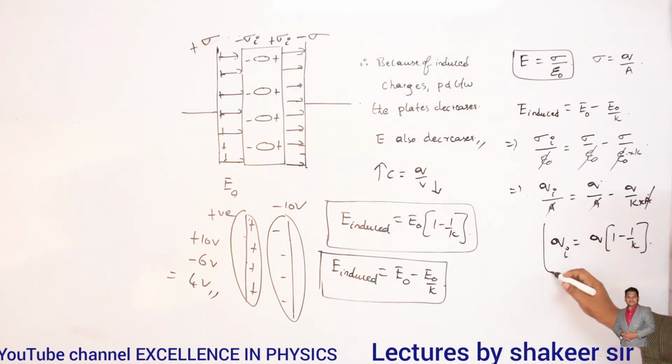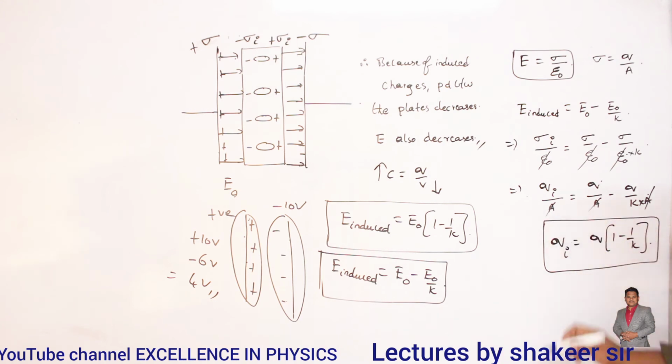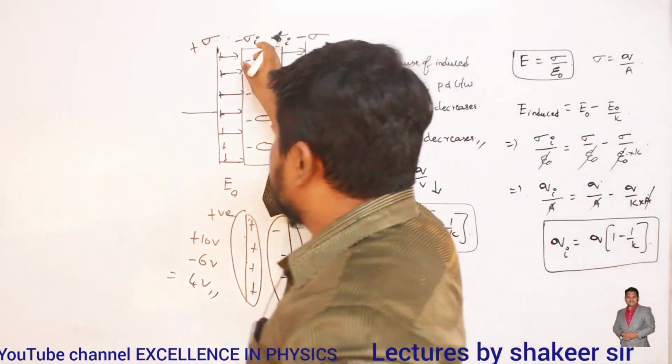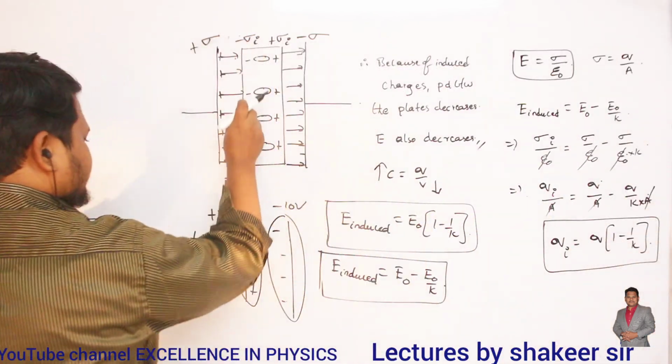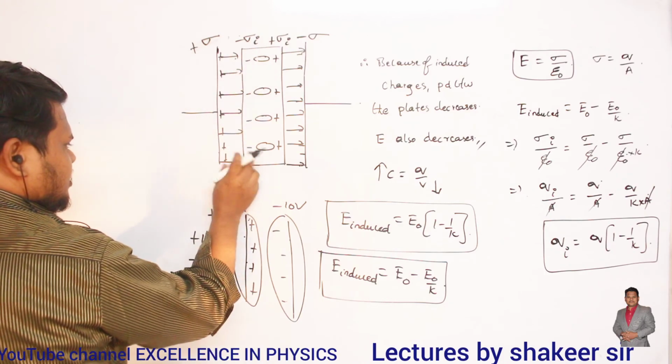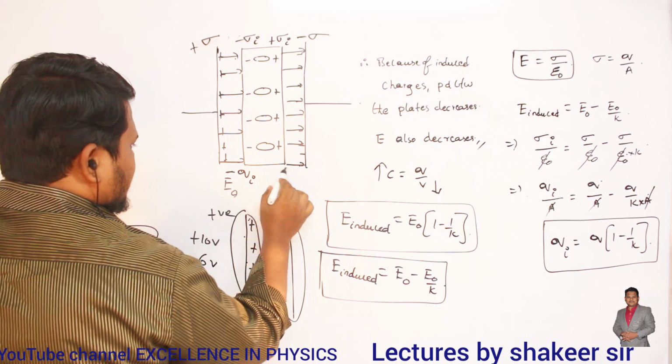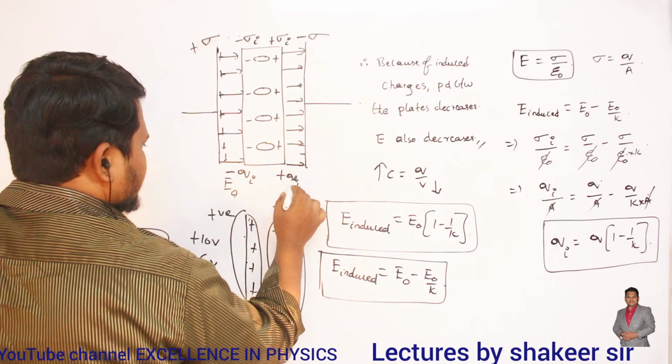Clear? This is also a very important relation for the magnitude of charges induced on the sides of this insulator. On the total surface area on one side of this insulator, minus Qi is induced. On the other side, plus Qi of charge is induced.